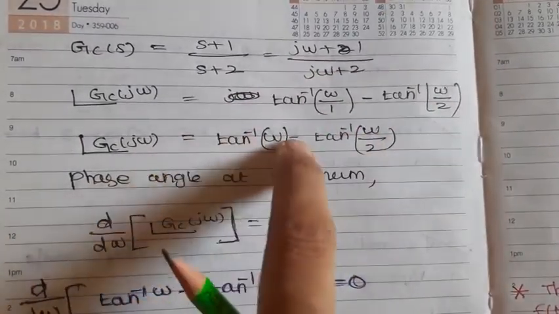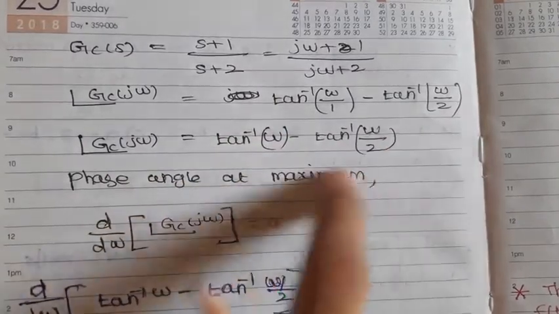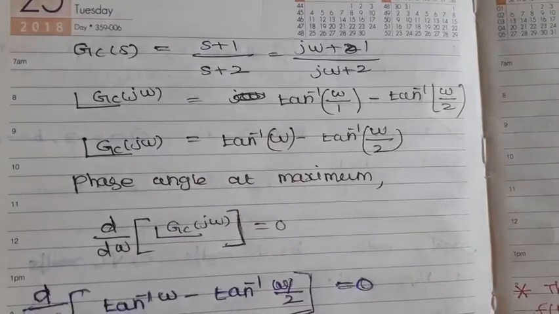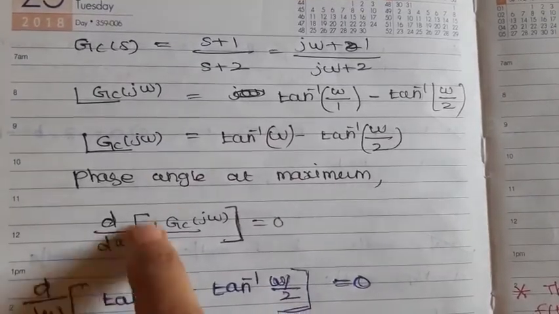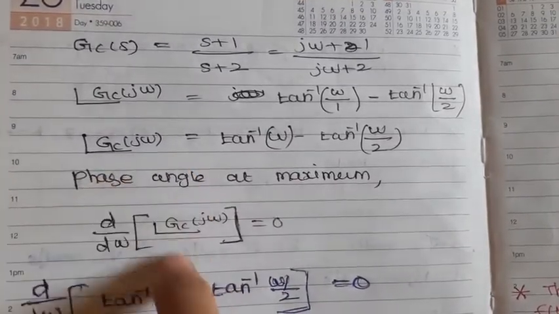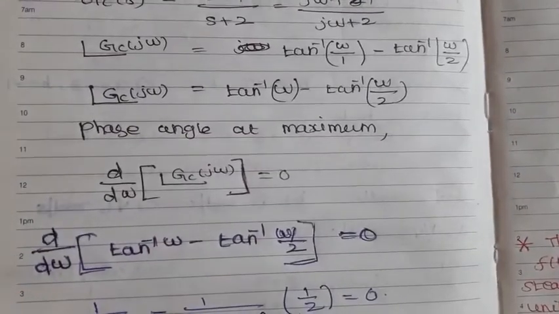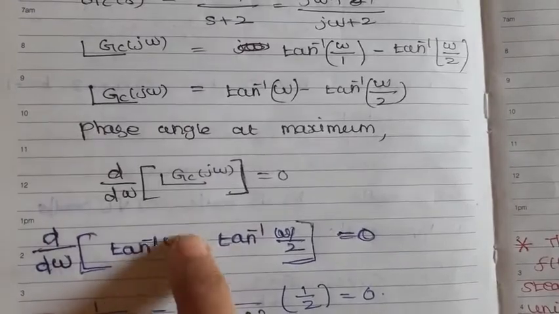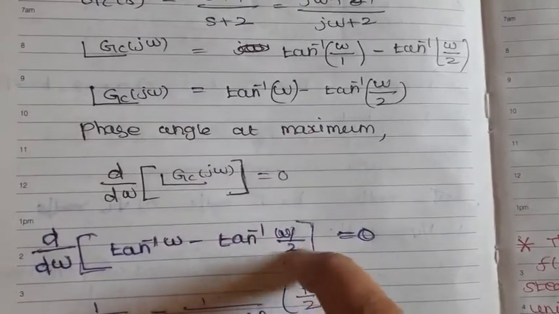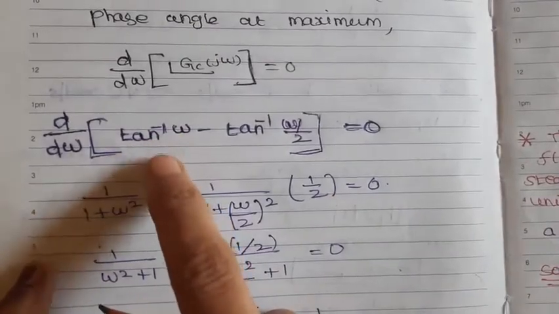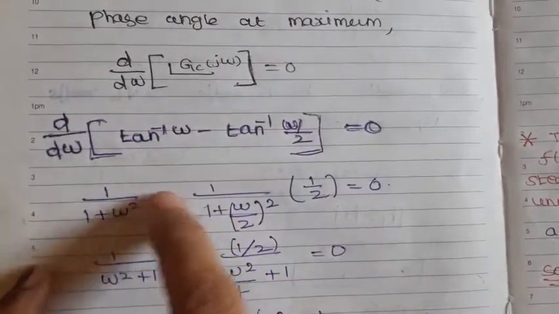So what we will get is tan inverse of omega minus tan inverse of omega by 2. The phase angle reaches its maximum when d by d omega of the angle of Gc of j omega equals 0. So differentiate with respect to omega, what we will get? Tan inverse of omega minus tan inverse of omega by 2 equal to 0. Differentiating, the derivative of tan inverse of x is 1 by 1 plus x squared, na?